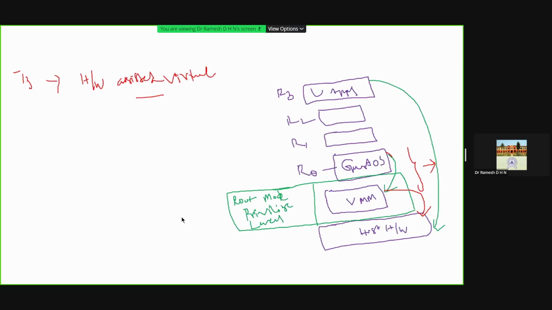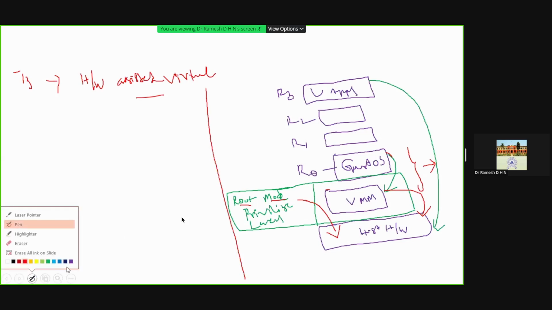Because here the VMM instructions are considered only root mode privilege level instructions. These kinds of instructions can communicate with the host operating system and can manage the preferences of kernel operations of the guest operating system. So let me illustrate the concept very clearly. This is the difference.